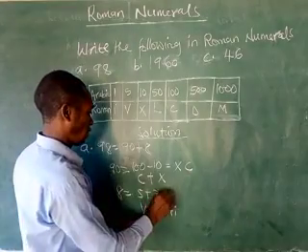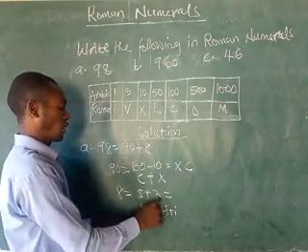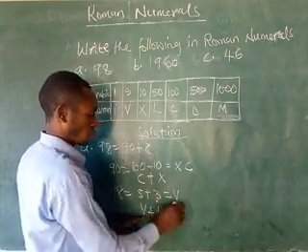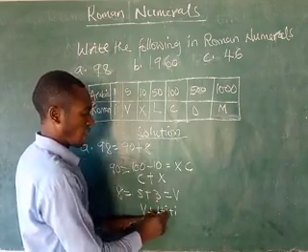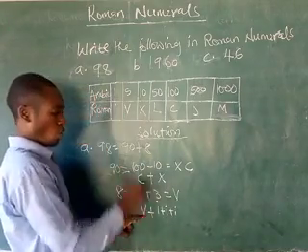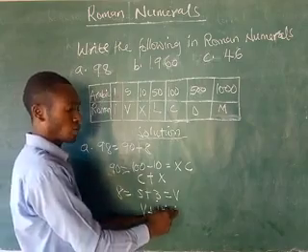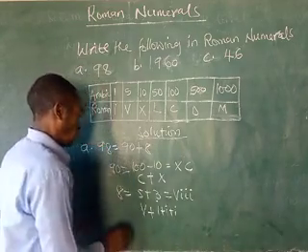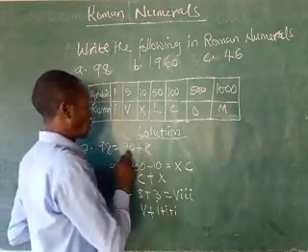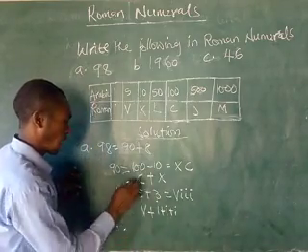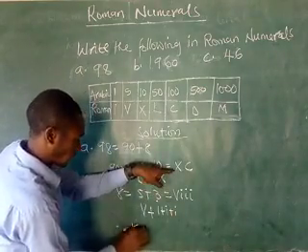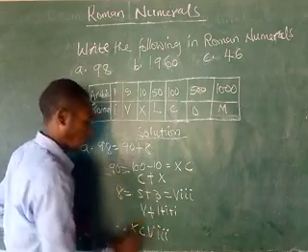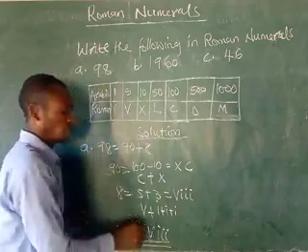So 5 plus 3, which is 8, will become V plus I plus I plus I. That's 1 plus 1 plus 1, which is 3. So therefore, we can now say 98 is the same thing as XCVIII. This is our 98.